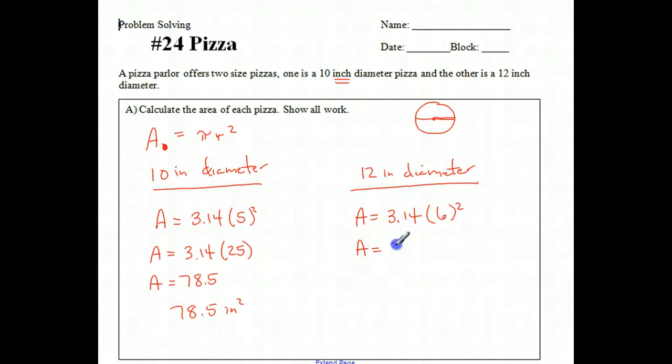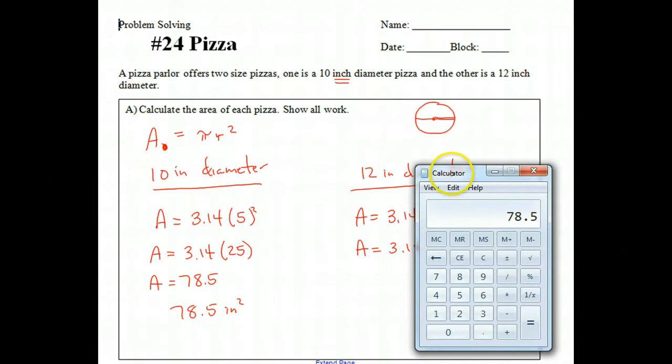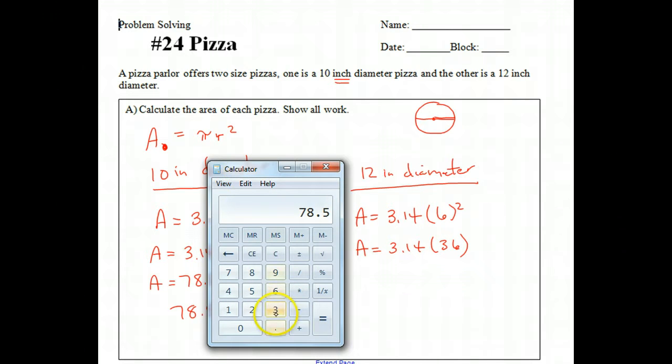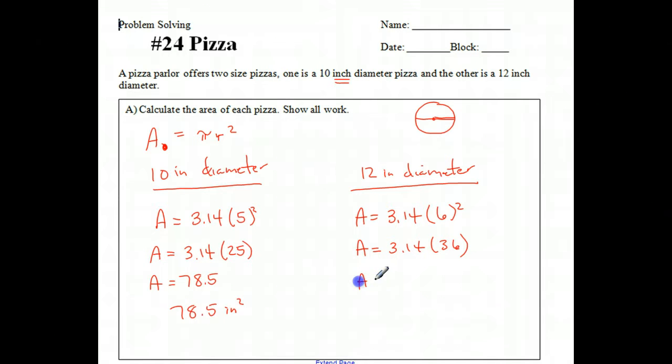So I'm going to say, all right, my 3.14 times 36. Let's get that calculator back here. 3.14 times 36 will give me 113.04 inches squared.